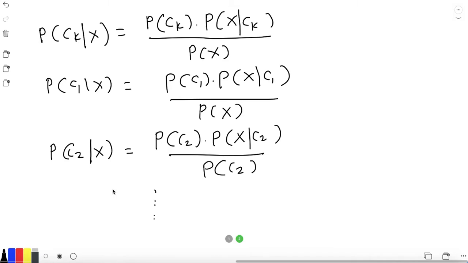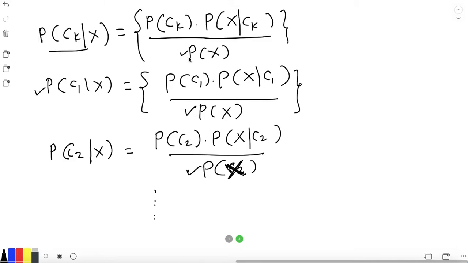The point to note: what we are interested in is calculating this complete term, then only we'll be able to know this value. Similarly here, and so on and so forth. But if you observe the denominators of these terms, it is probability of x, here also probability of x, here also probability of x.